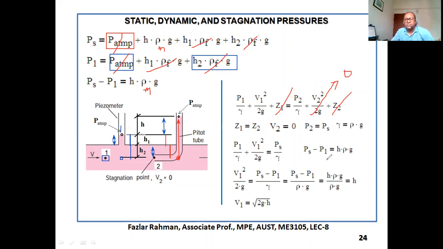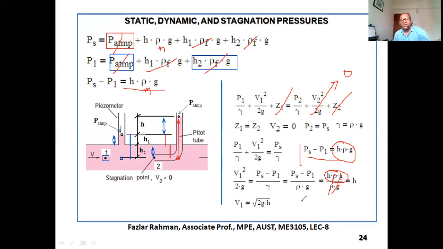And you see this one, we got it from here, H rho G. From here, you figure out V1 square by 2G equal to PS minus P1 divided by gamma. Now, PS minus P1 equals rho G H, and gamma equals how much? Rho G. So this rho G will be out, only H remains. Then you can figure out V1. V1 equals root over 2GH.